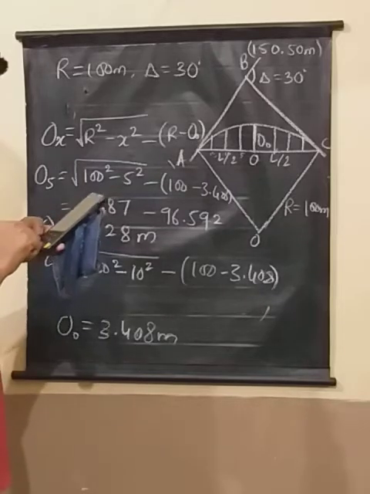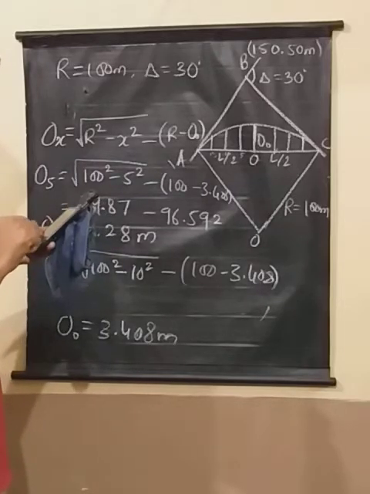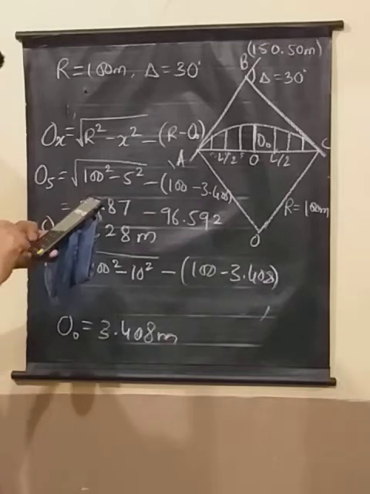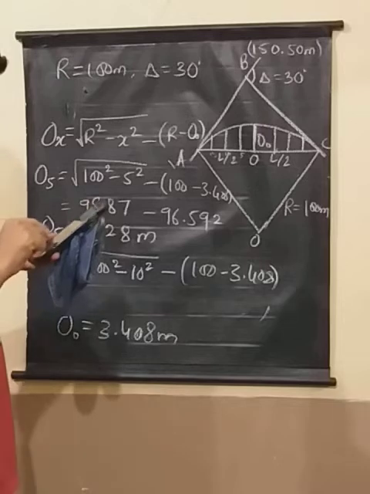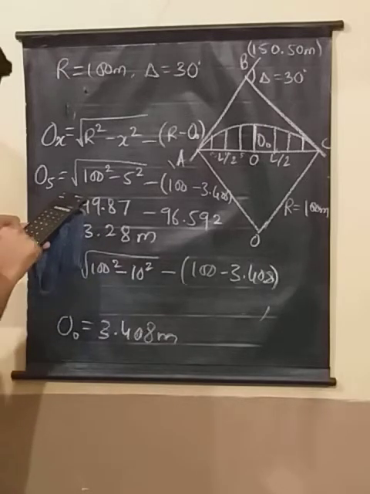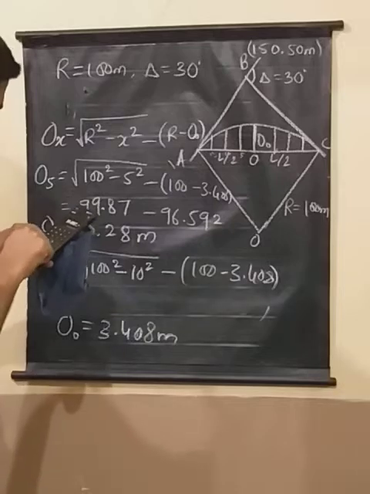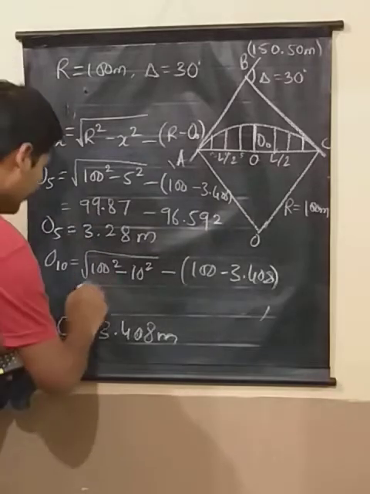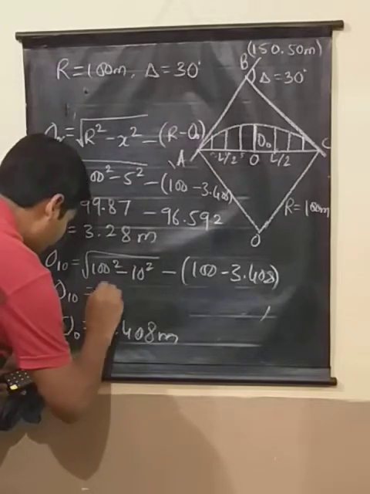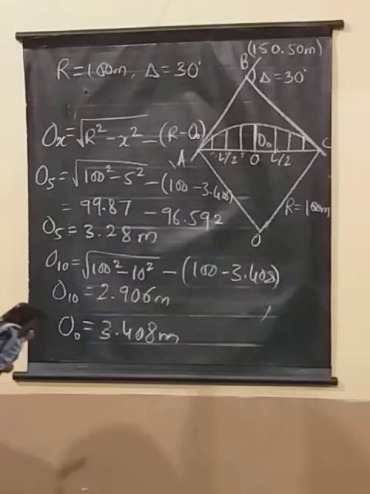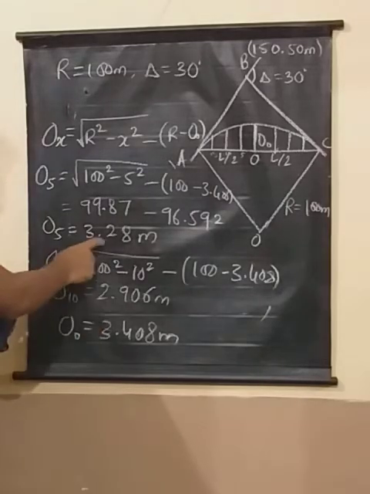So 100 square minus 100, 9900, so square root of 9900, minus 96.592, so that comes around 2.906 meters. So if you look at this value, it is less than this.